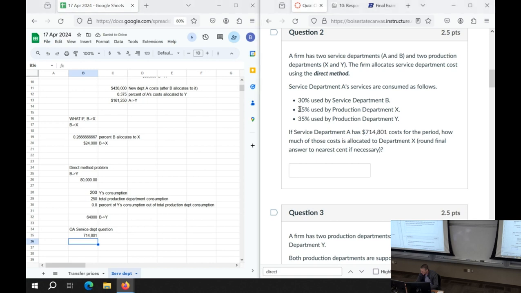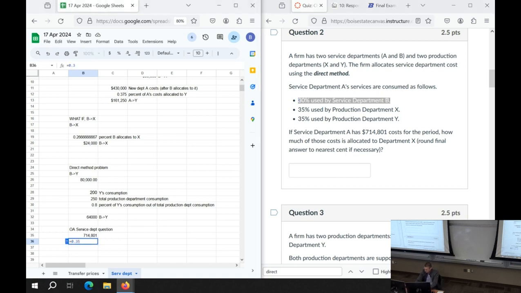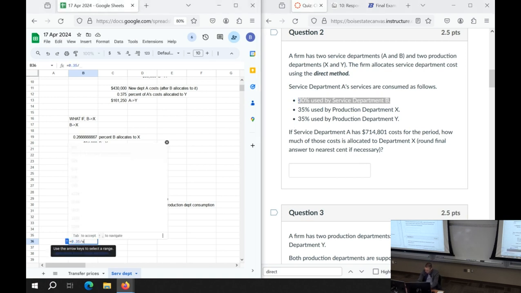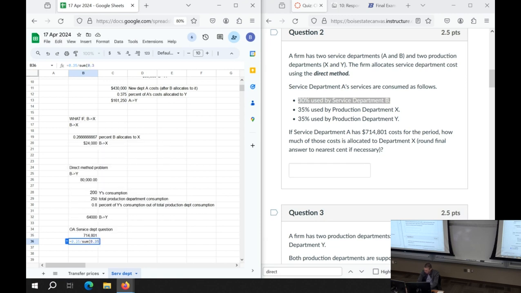Eyeballing it, you can see that X and Y consume the same amount, 35% of Department A's services, which means that once we ignore the 30% of services that A does for B, the remaining percentages are 50-50. It's 50% of its production department work is done for X, 50% is done for Y. That's 0.35 divided by the sum of 0.35 and 0.35, which gives us 50%.